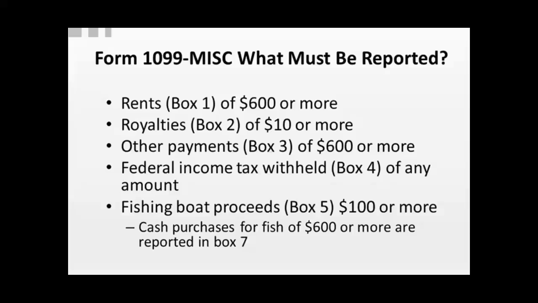Other things would be wages in respect of a decedent. This is kind of a special case where the wages had not been constructively received by the decedent prior to being paid, and they're paid to a beneficiary, a personal representative, or the estate.